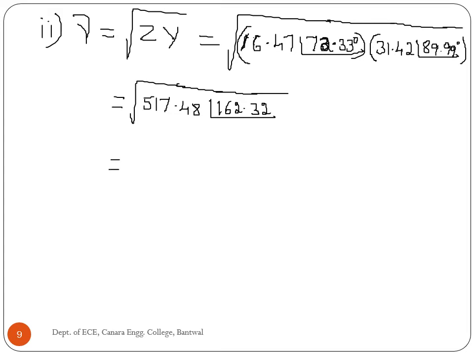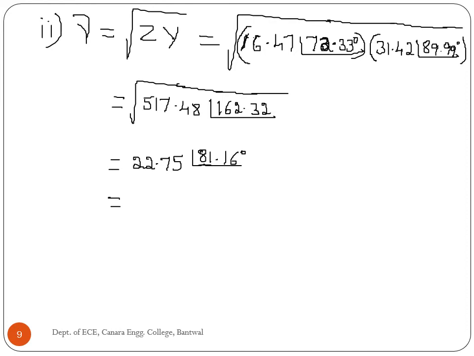Square root of 517.48 is 22.75, and square root of angle 162.32 is 81.16 degree.